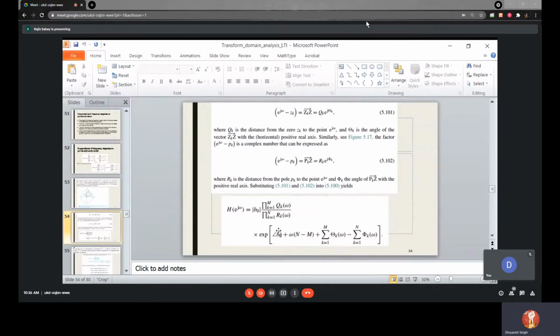So the formula which I had shown you earlier can now be simplified like this, with the vectors. So this is in complex notation. This is the magnitude part and this is the angle part.